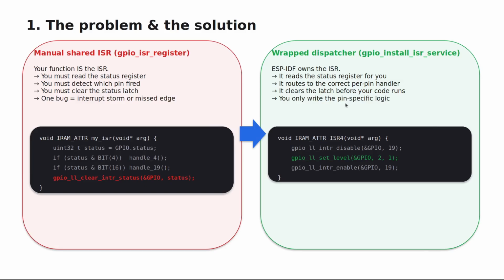Then it calls only the handler that belongs to that GPIO. Now, your ISR becomes much simpler. Instead of worrying about interrupt management, you can focus only on your application logic. So this is the biggest advantage of using the GPIO ISR service. It reduces your work and also reduces the chances of making mistakes.